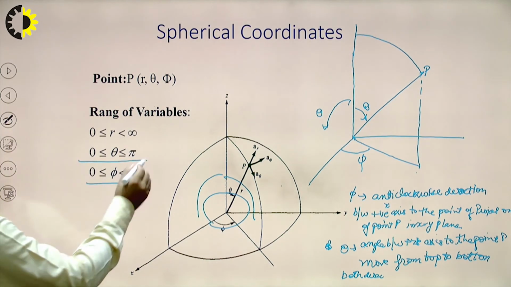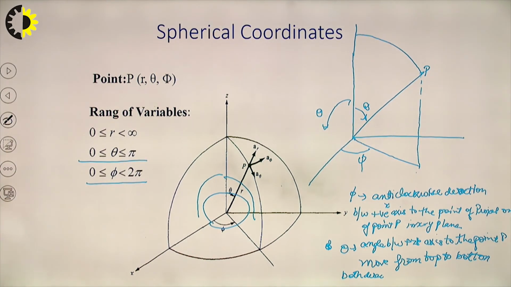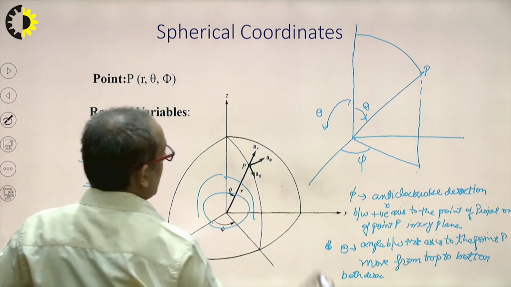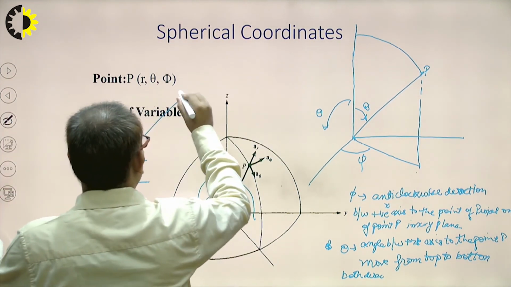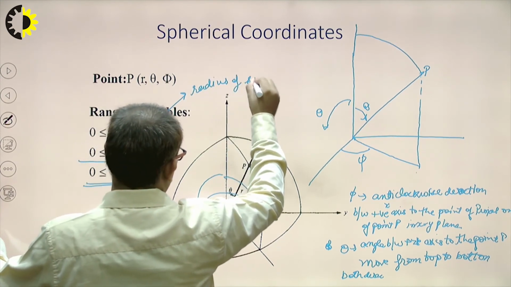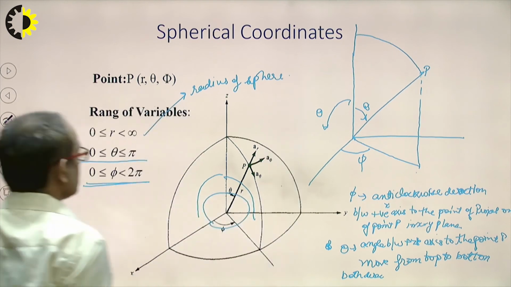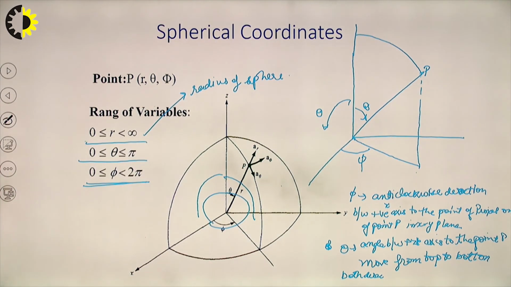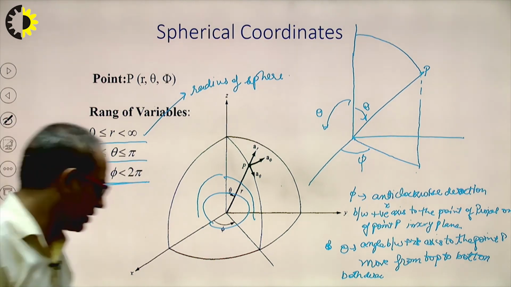Theta will move from 0 to pi and phi will move from 0 to 2 pi, and r is the radius of the sphere, which can range from 0 to infinity. Clear?